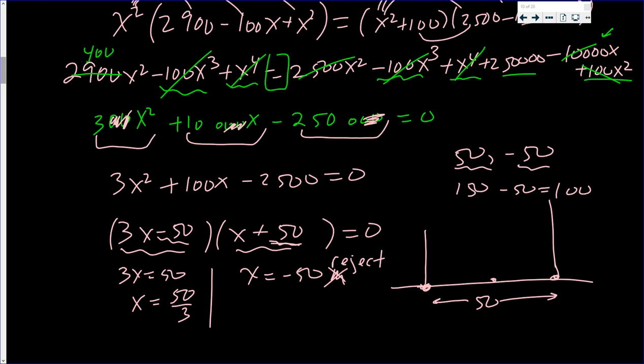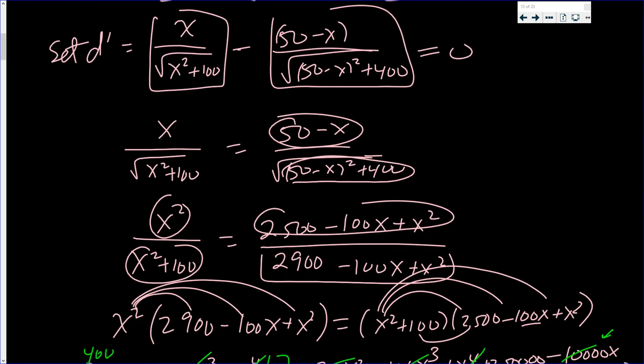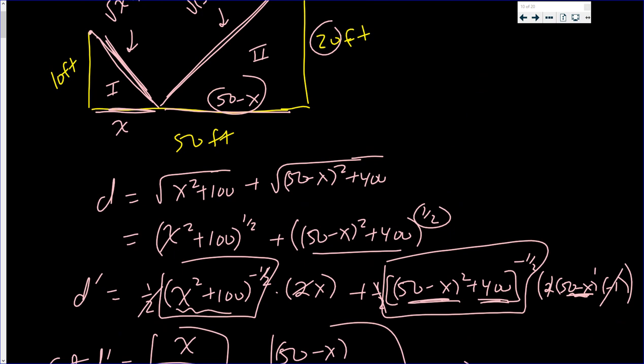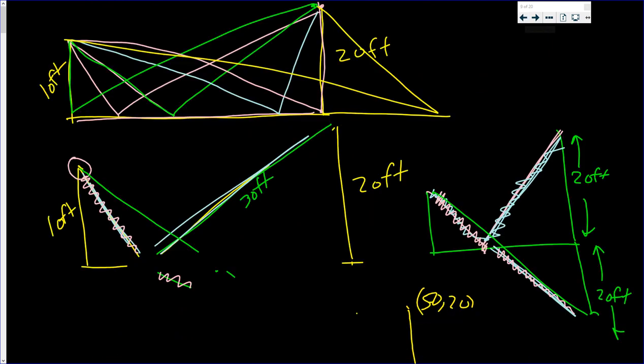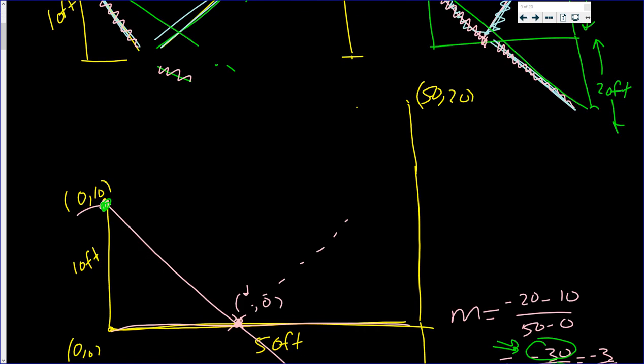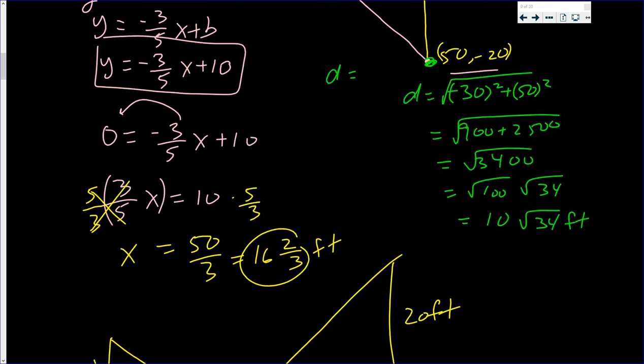So I claim that x is 50 over 3, which I don't think is very good, because when I did it the other way, please don't tell me I erased it. When I did it the other way, bingo, we got 50 over 3.